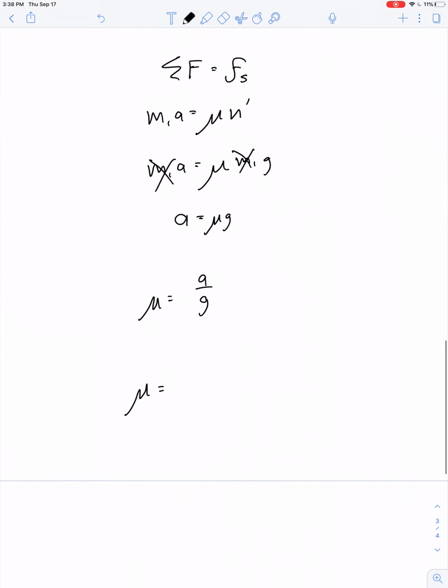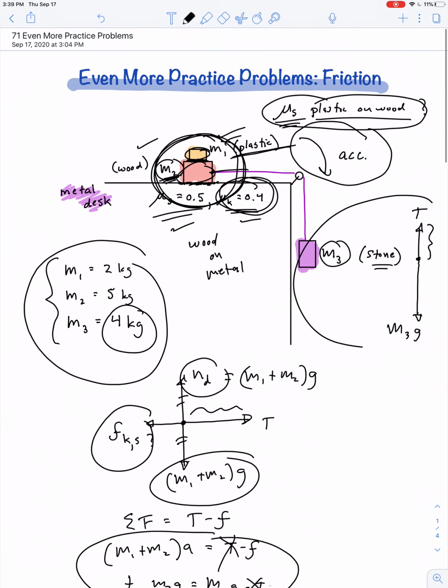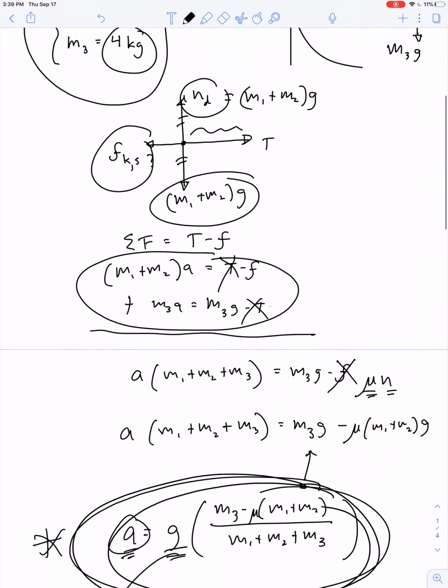So it's m3 minus the quantity m1 plus m2, I missed a mu in there, minus mu times m1 plus m2, all divided by m1 plus m2 plus m3. Now which mu is this? This is mu kinetic between the desk and the wooden block, which in our example had a value of 0.4.